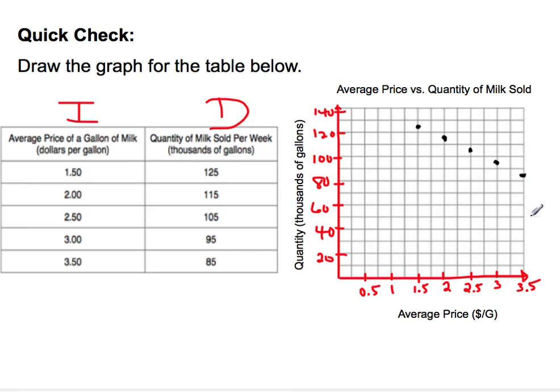Okay, so in this example, we have to say, does it make sense to connect the dots? Here it says average price. So since it says average price, we would leave the dots not connected.